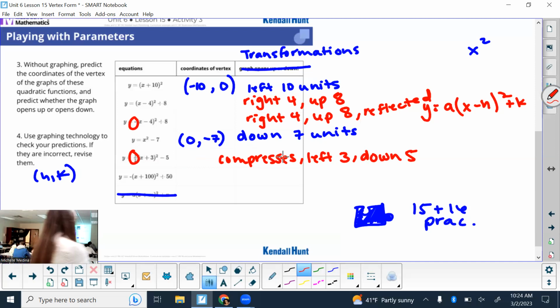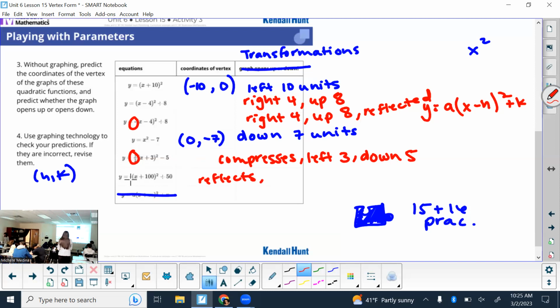All right, this row, if it's negative, what does that do to the graph for the A? Good, so it reflects. It doesn't stretch or compress because the absolute value is still 1, so no stretching or compressing in that one. What about if it's +100 for the H, like with the S?